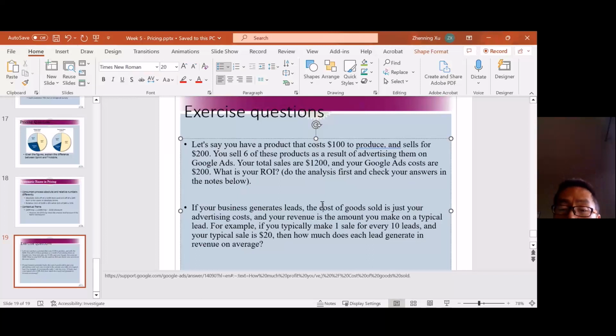So the question here is, if your total sales are going to be 200 times 6, which is 1200, that's your total sales. Now if you launch this Google AdWords campaign, what is your return on investment?